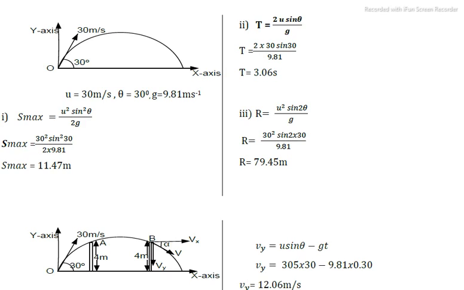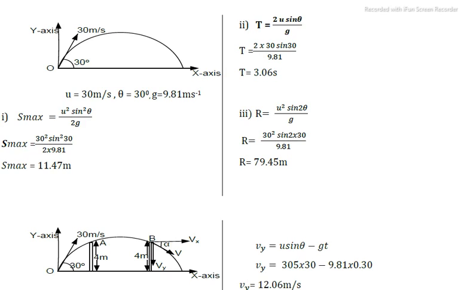So for us to get the maximum height reached, we derived the formula for the maximum height from the second equation. Or we can use the third equation, because for the second equation you must know the time. The third equation is v squared equals u squared plus 2as.